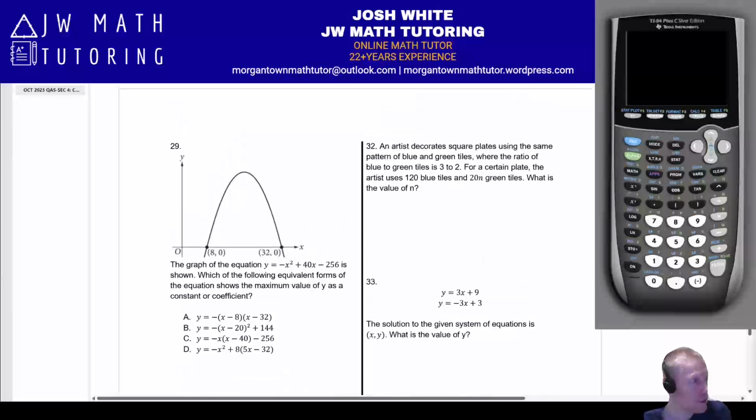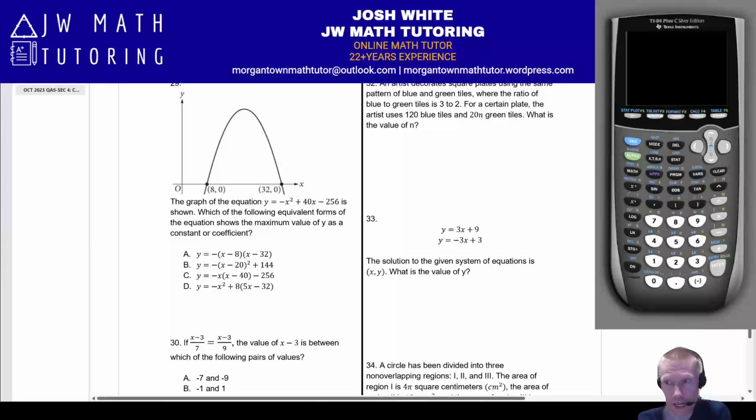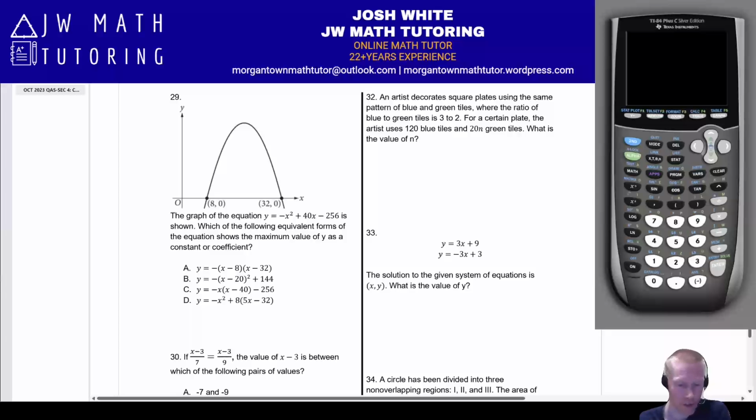All right, move on to the next page at the top, number 29. So here we have a quadratic function. It is graphed for us, and they give us the actual equation for the graph. They want to know an equivalent form that shows the maximum value as a constant or coefficient.